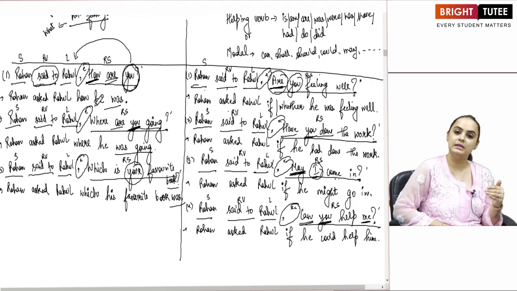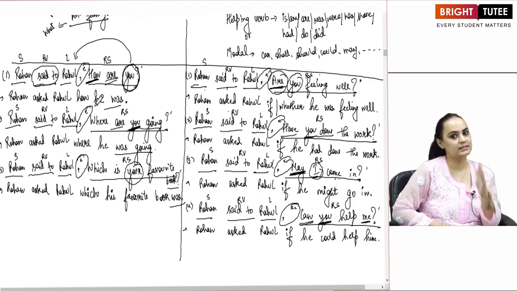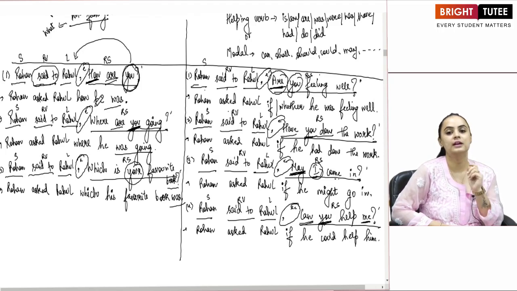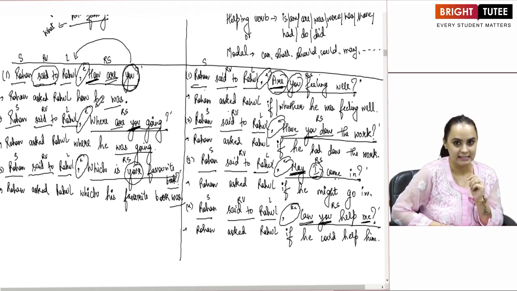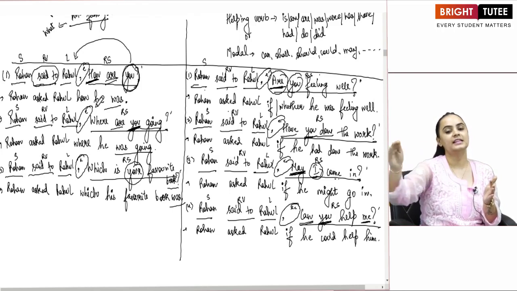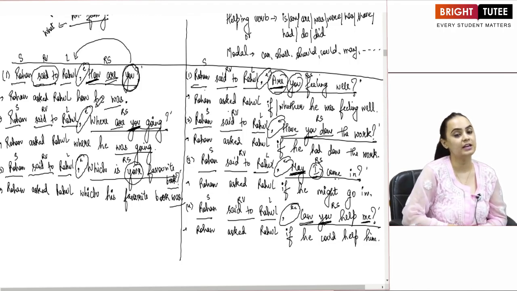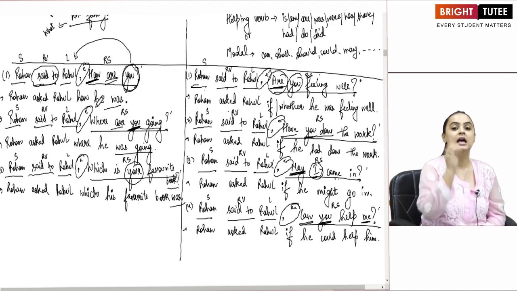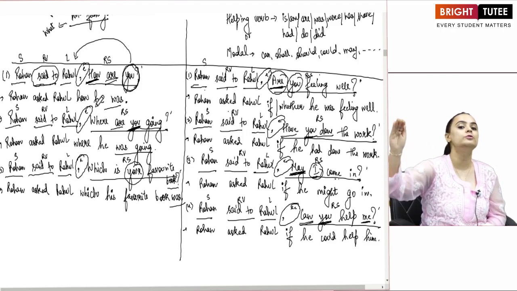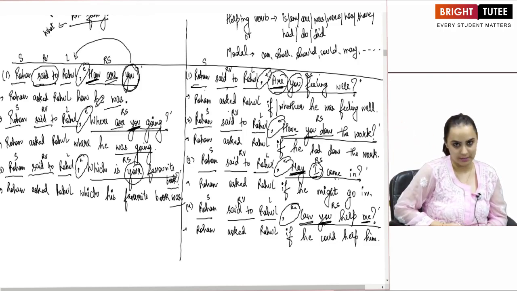So we write the speaker as it is, reporting verb as it is, listener as it is. We remove the commas and put the WH family word in its place, and then the tense will change accordingly. The only thing to keep in mind in an interrogative sentence is that the verb will always move to the end of an indirect speech.